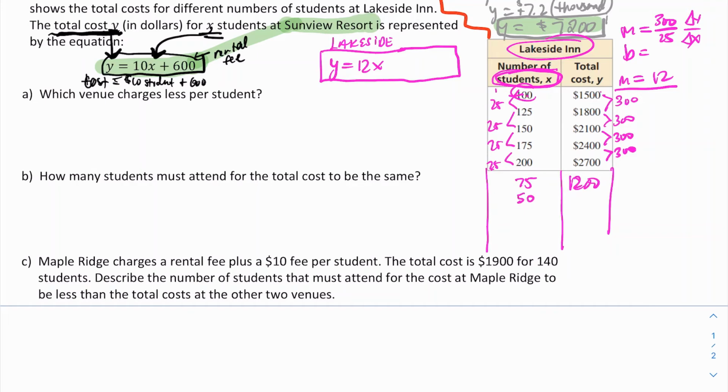So if I subtract 25 and subtract 300, and again, and again, then this is my y-intercept, so that's going to be plus 300, and that would be the rental fee for the venue. So this is Lakeside.